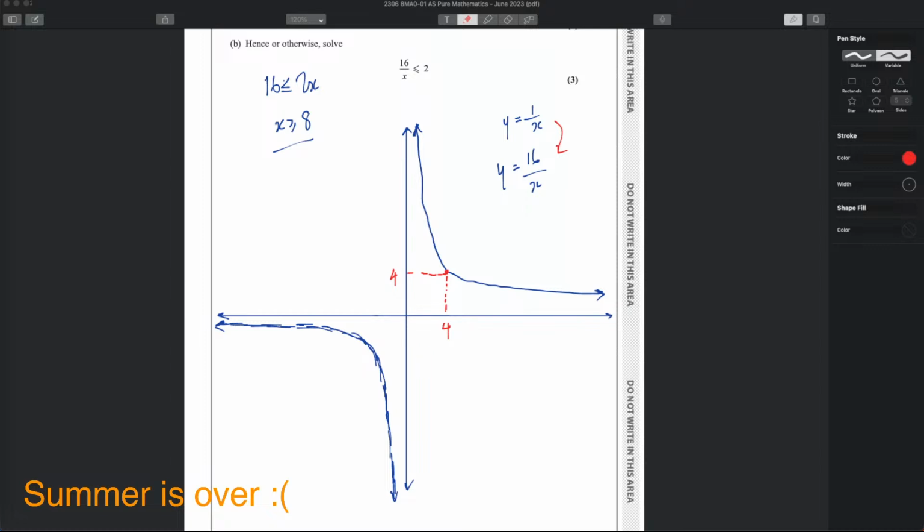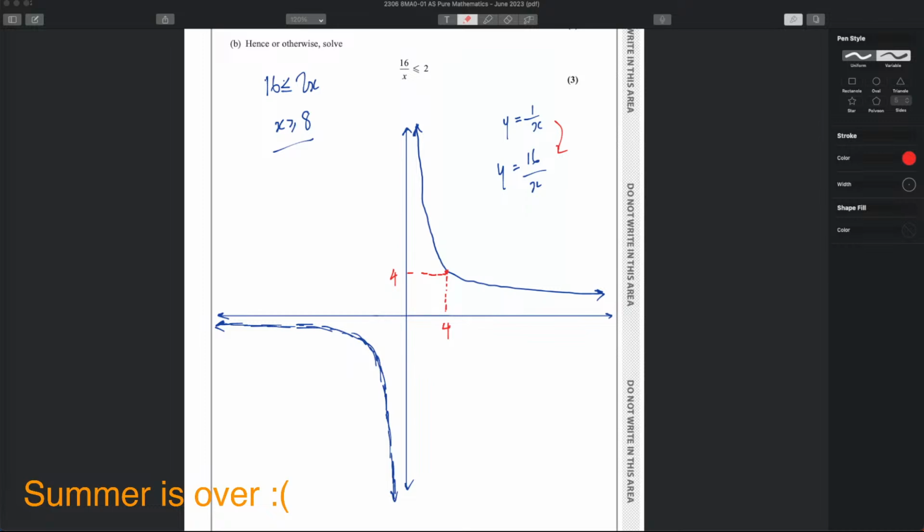Graph transformations. I'm just looking something up because I can't remember what the point is, even though I made a video on this before. Oh, right.